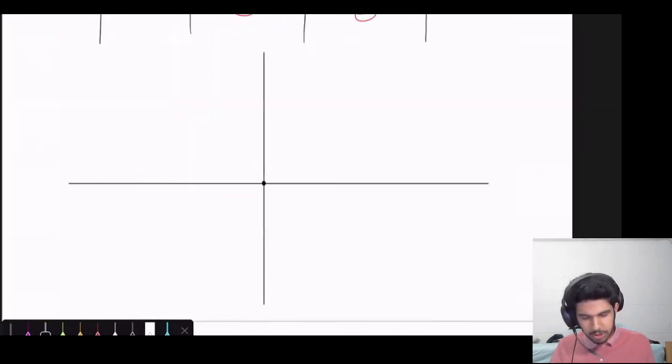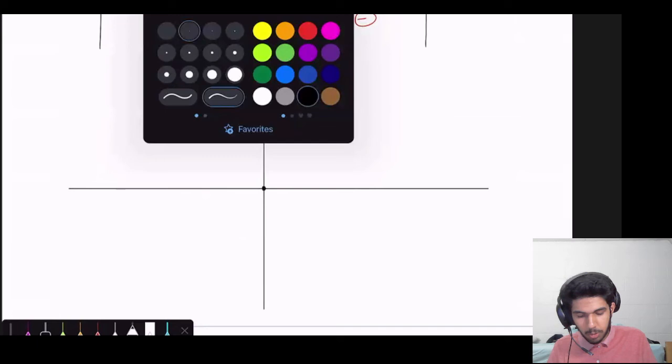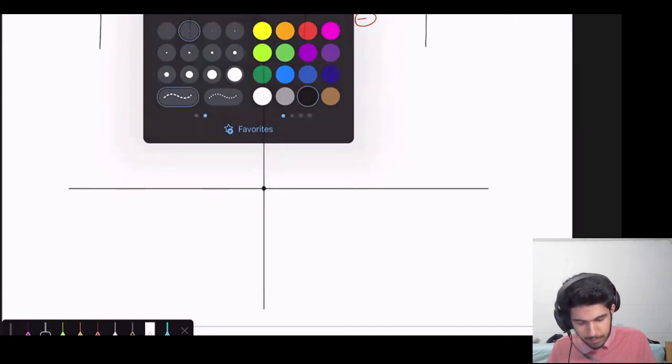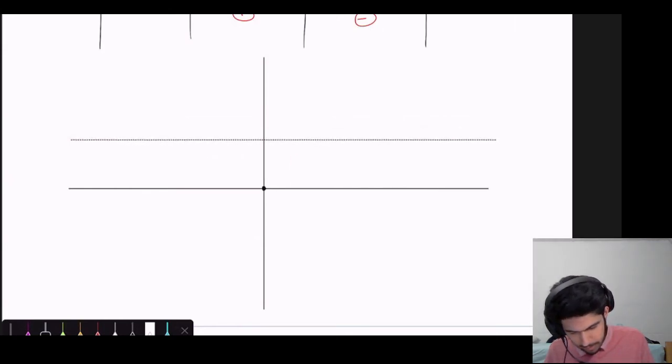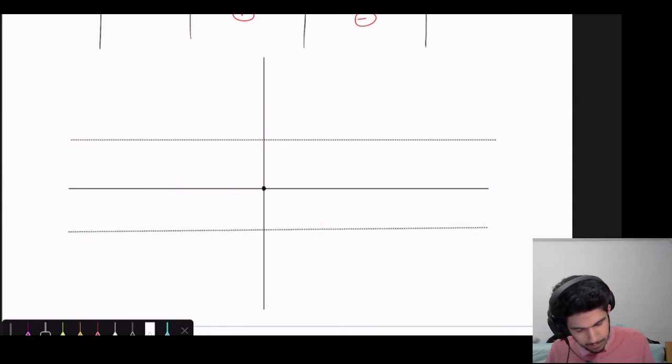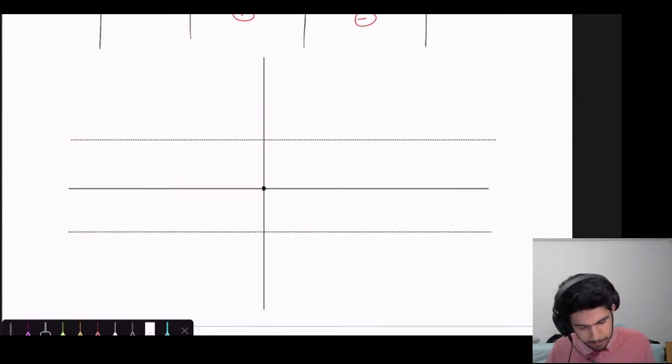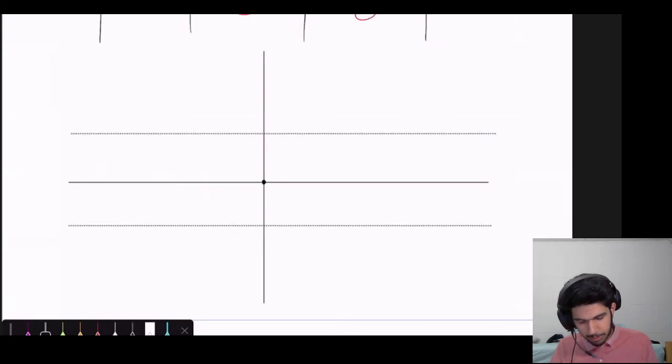Okay, so not too much to work with, but let's draw our horizontal asymptotes. So y equals 1 looks something like this. And then y equals -1 looks something like this. I guess I should probably write that. This is 1, this is -1.